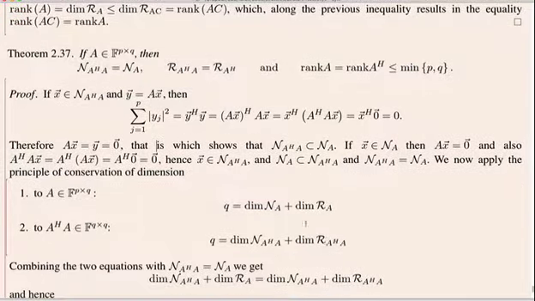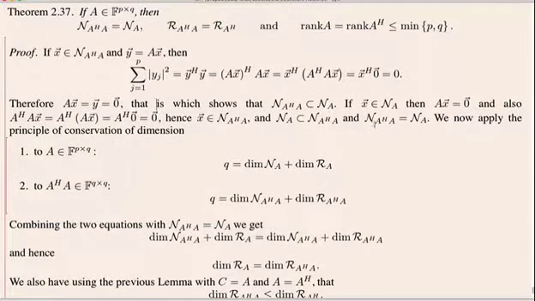We can also apply this to the AHA matrix, which is a Q by Q matrix, so that means it's also mapping from the Q vectors as a multiplication. So we can use again this principle, Q equals the dimension of the null space of AHA plus the dimension of the range of AHA.